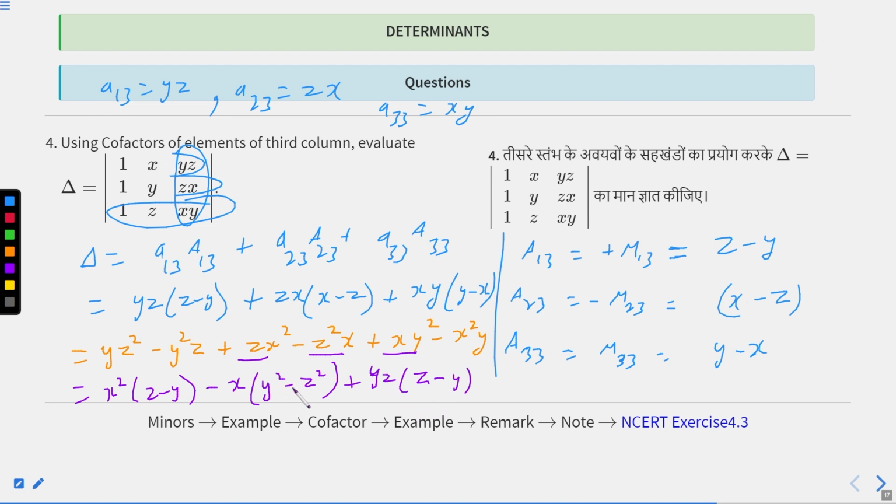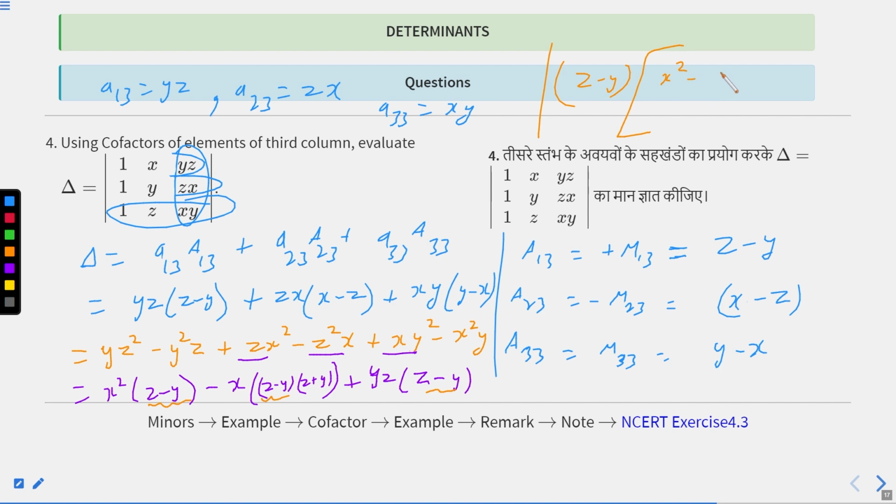Now this y square minus z square, where does it come from? If you take minus x common, this will be z square and this will be y square. And this can be rewritten as z minus y and z plus y. Now if I'm not making any mistake, please do verify also. I will be taking this z minus y common. So taking z minus y common, what will you be left with?